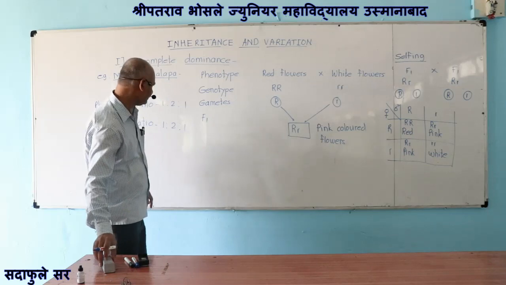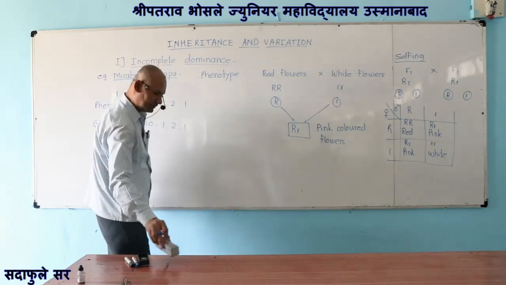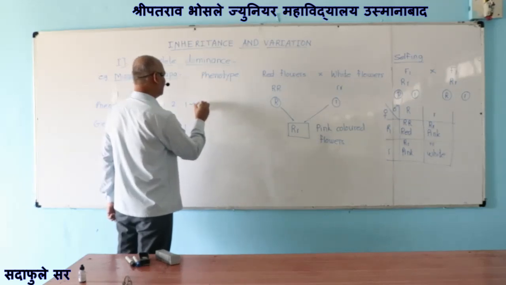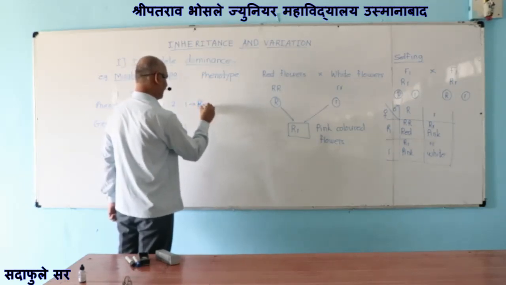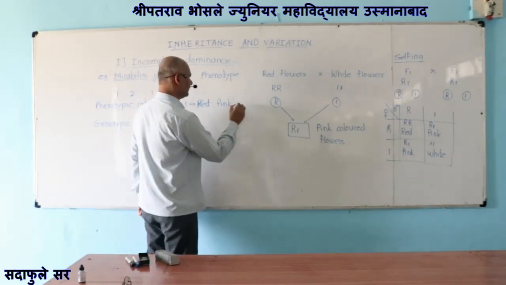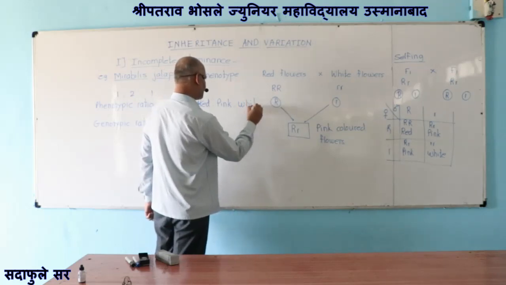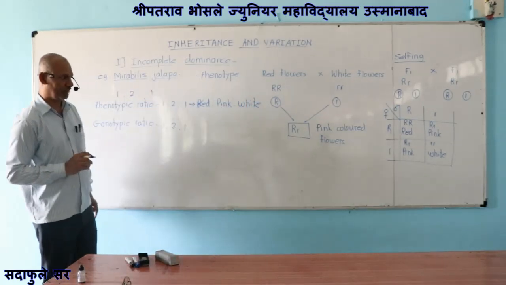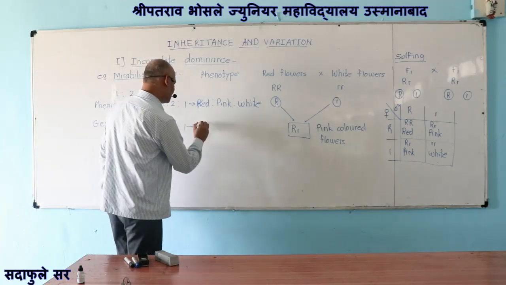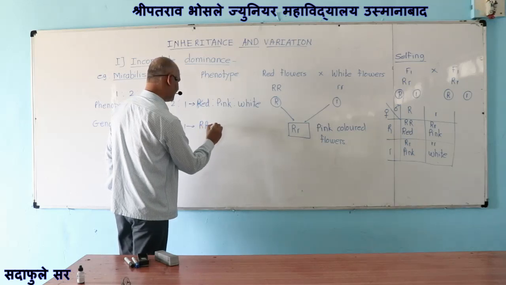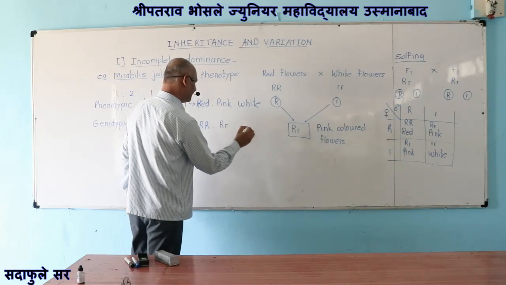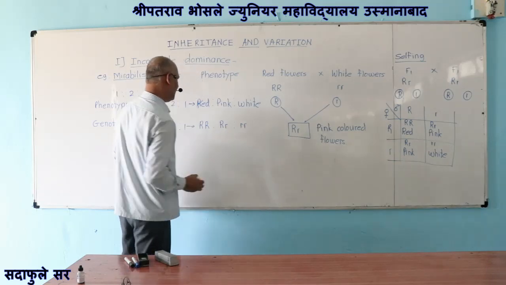Phenotypic ratio: 1 red to 2 pink to 1 white. Okay, 1:2:1. Similarly, genotypic ratio: red with capital R capital R, then pink, capital R, small r, and white, small r small r.